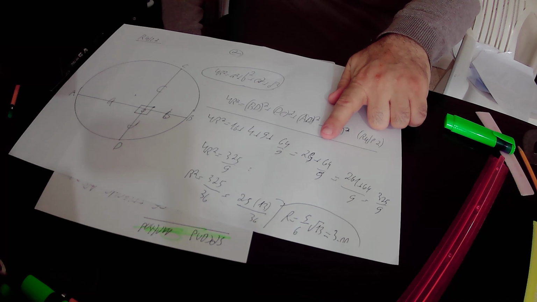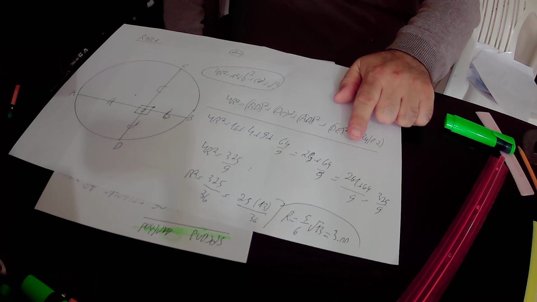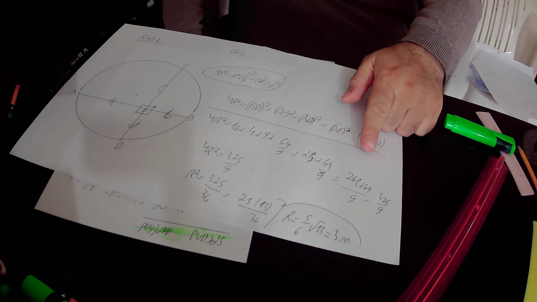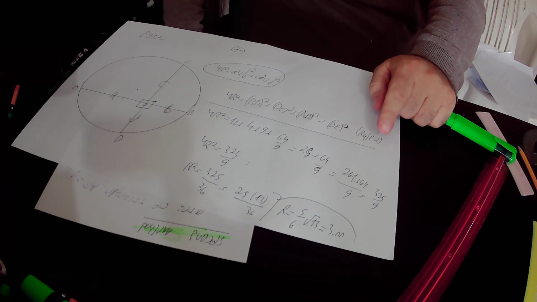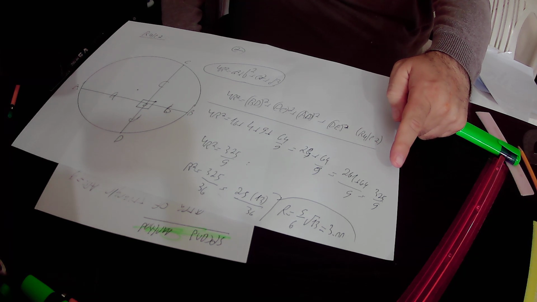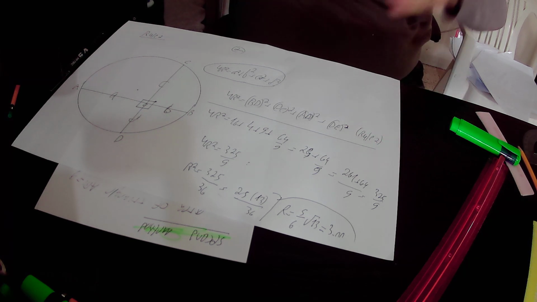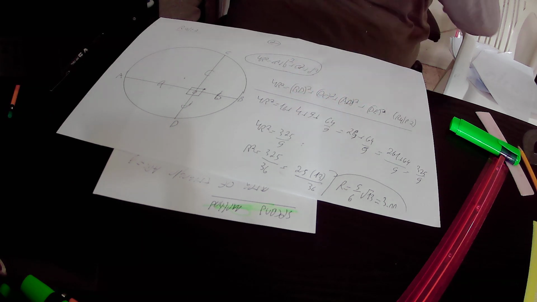So we multiply 29 by 9, and then divide by 9 in order to get a common denominator. We found that 29 times 9 is 261, plus 64 over 9 equals 4R squared. 261 plus 64 is 325 over 9. So in conclusion, 4 times R squared equals 325 over 9.